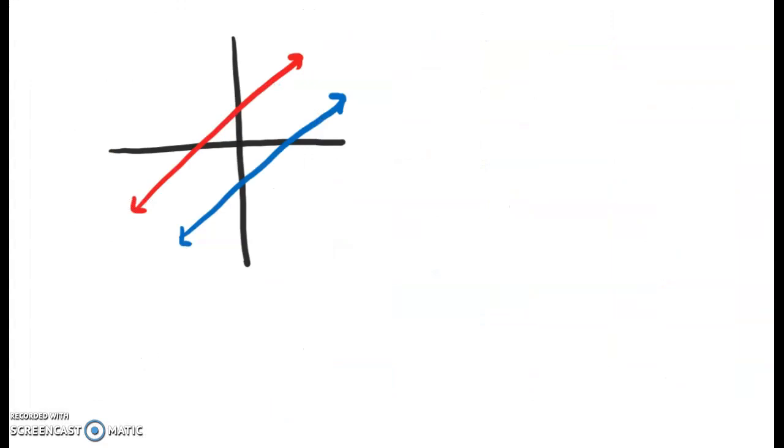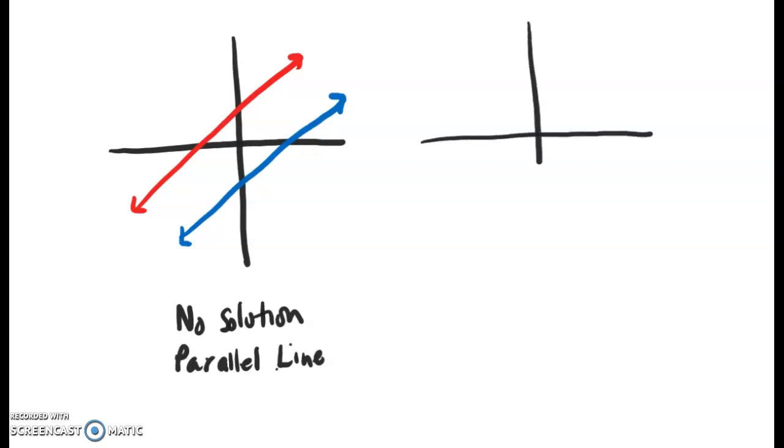And no solution means that you have an inconsistent system. So it is possible that you graph it and this happens. And so we're going to say that when this happens, there is no solution. And what you have is entitled parallel lines. Parallel lines never intersect, and this is an inconsistent system.